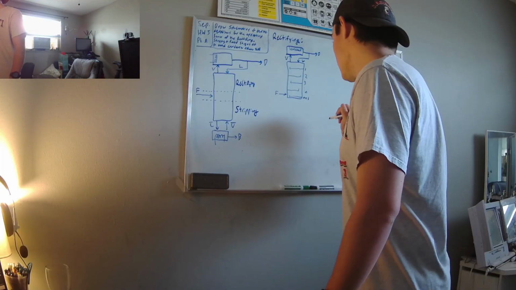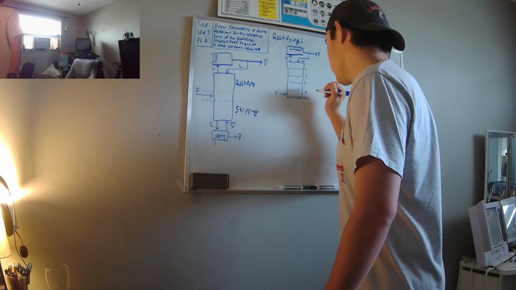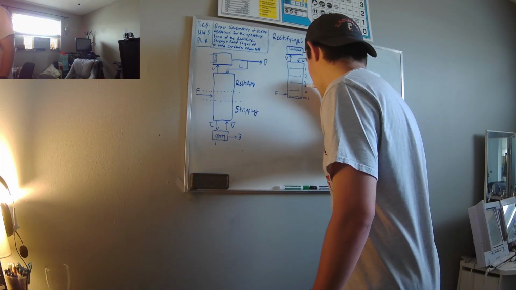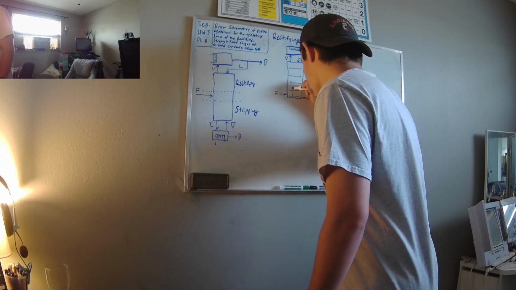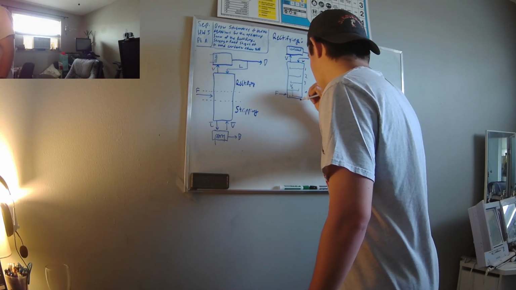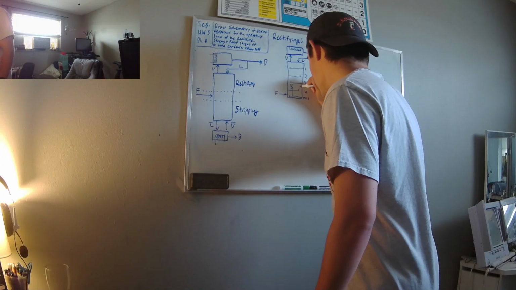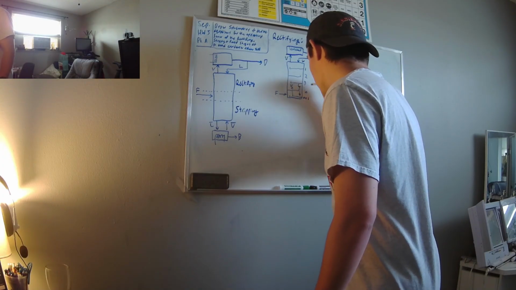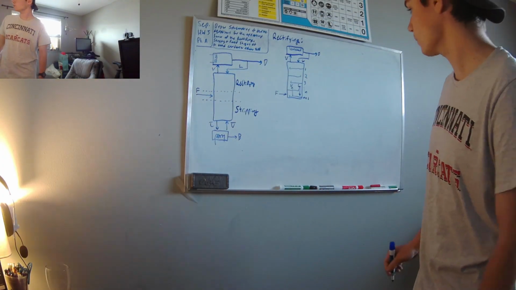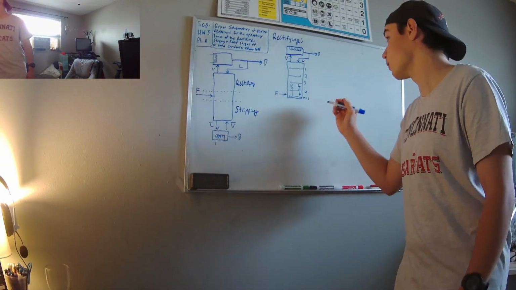Coming up out of N plus 1, we've got our vapor stream V. Then coming down from stage N, we've got our liquid stream L. This is our overall schematic for our rectifying section.